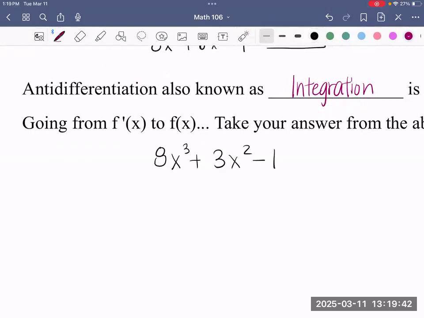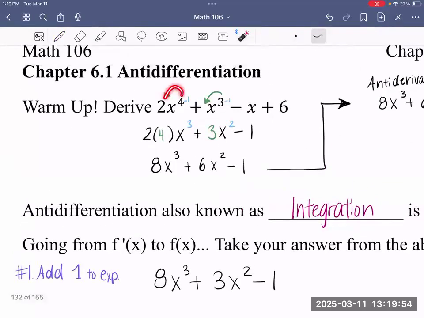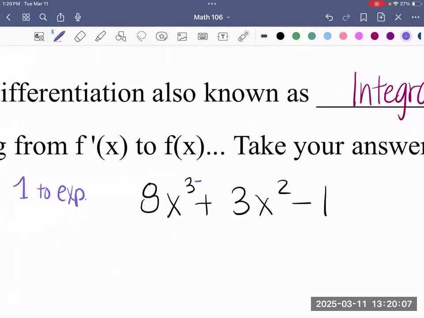So step number 1, add 1 to the exponent. Because think about how we do it: we come down first and then we subtract 1. So in that reverse order, let's add the 1 this time to these values. So plus 1, plus 1.